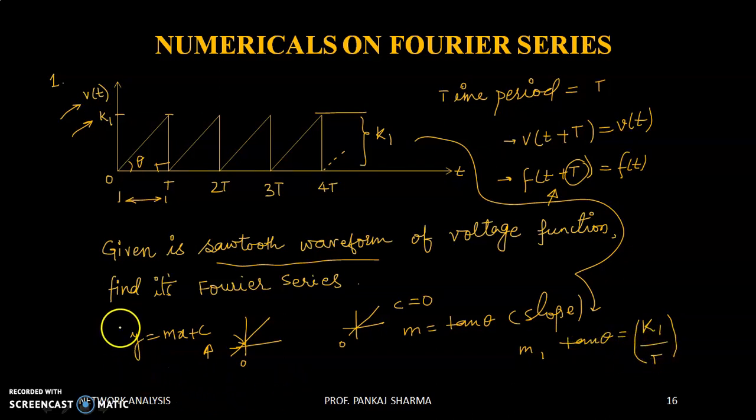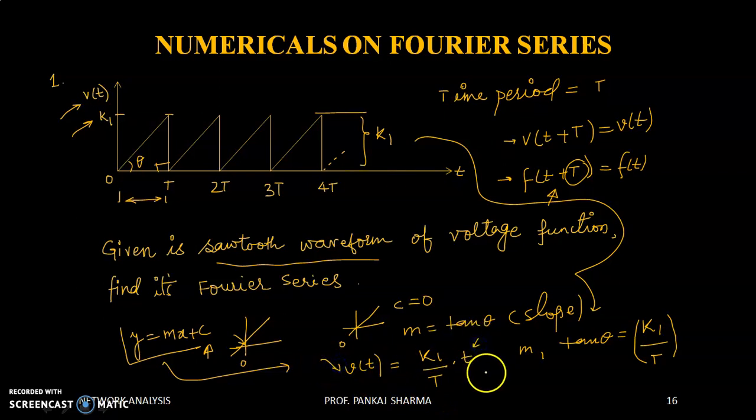So from this equation we have V of t is equal to K1 by T into small t. V of t is your y and small t is your x, and K1 by T is your slope or tan theta.